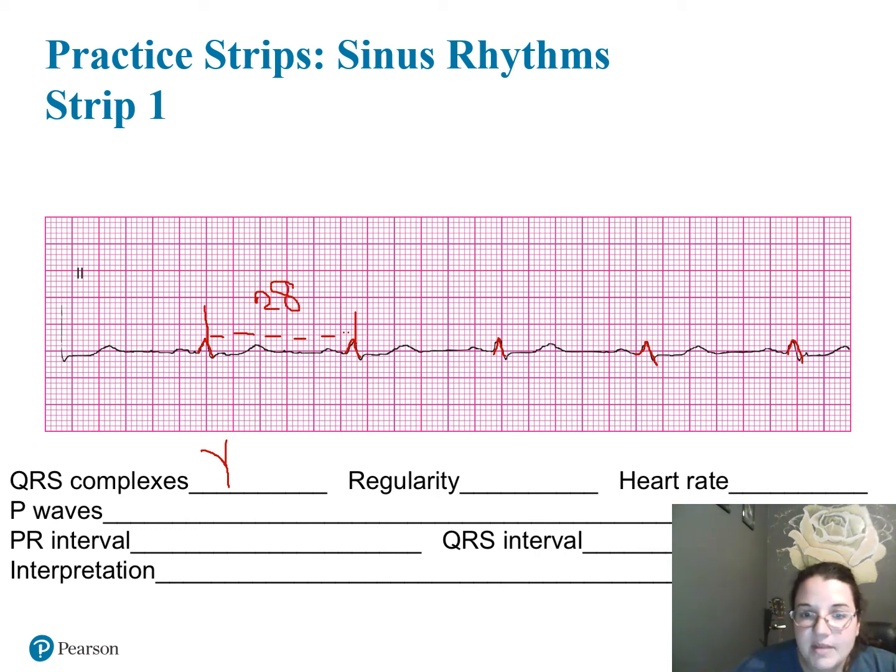Next one. I'm going to skip those 2 for now and add them at the end. 5, 10, 15, 20, 24, 25, 26. Again, 5, 10, 15, 20, 25, 26, 27.